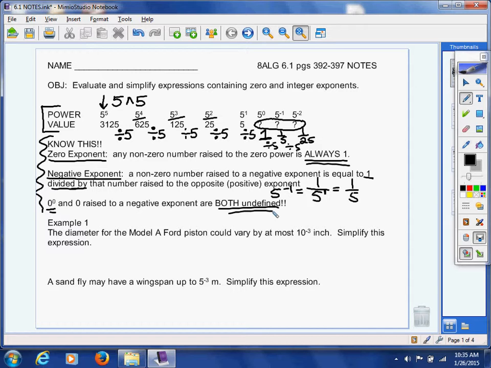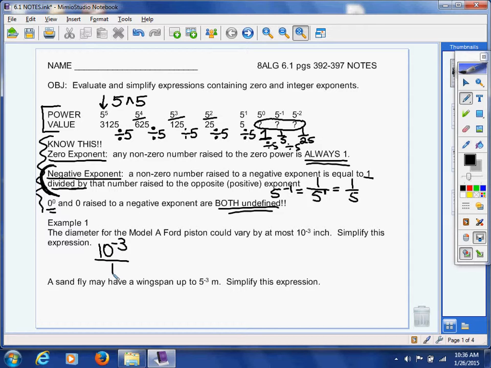It's undefined. All right, let's look at example 1, because I want to go back to this part right here about negative exponents and how to simplify it. The easiest thing I can tell you to do is, anytime you're given a base raised to a negative exponent, first of all, identify where it is located in the fraction. Now, I don't see a fraction. 10 to the negative 3 is not a fraction, but I can make it a fraction.